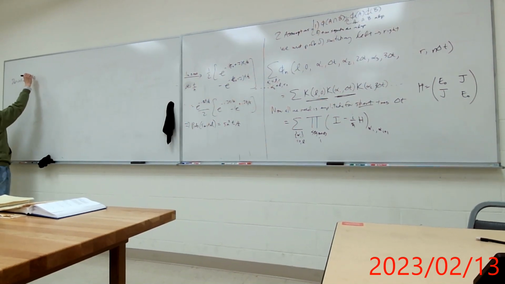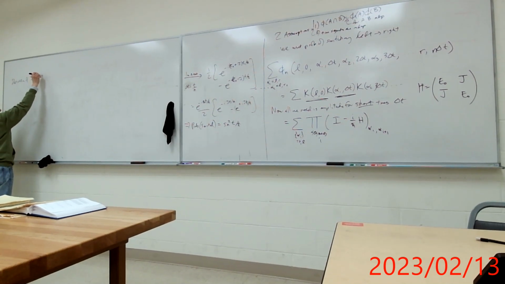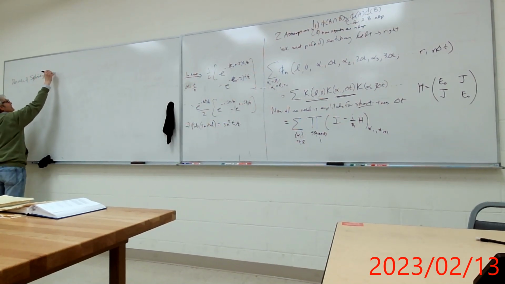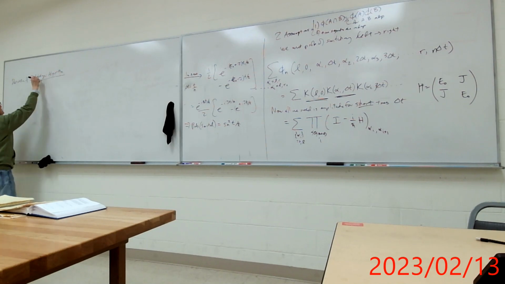And she spells Schrödinger. I'm going to call it the Schrödinger algorithm in honor of my boss because he always called it that. Okay, so suppose we have somehow calculated the amplitude, as a vector, as a ket, to be in one of two places at a time t minus delta t.